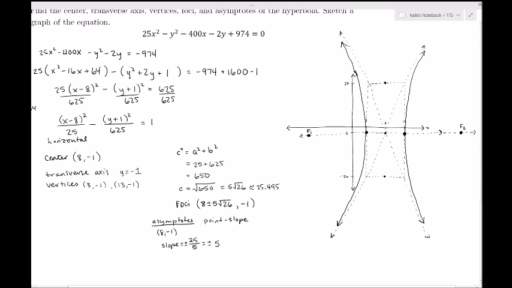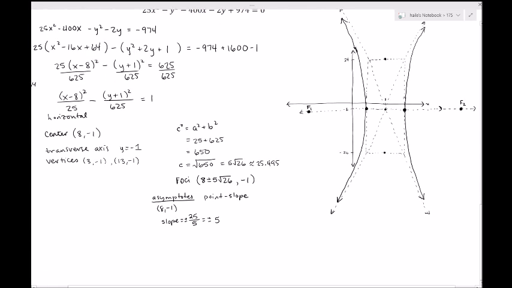Okay, so we can write the equation of our asymptotes now because we have a point and a slope. So in point slope form, we have y plus 1 is equal to plus or minus 5 times x minus 8. And so getting your equation of your asymptotes is just as easy as that.